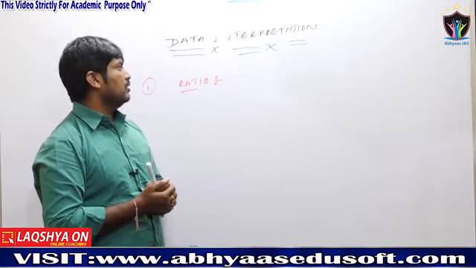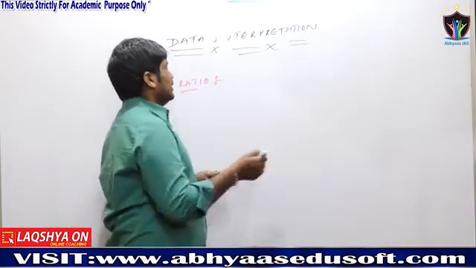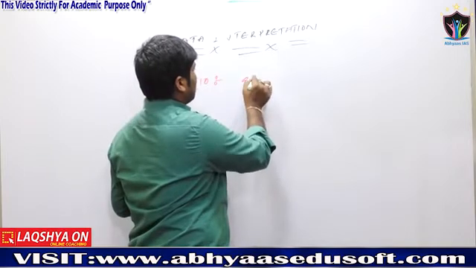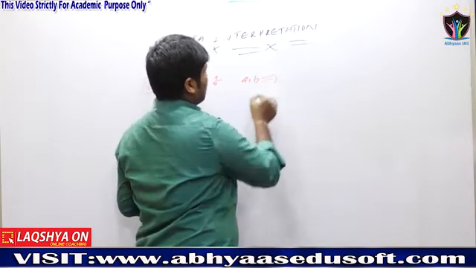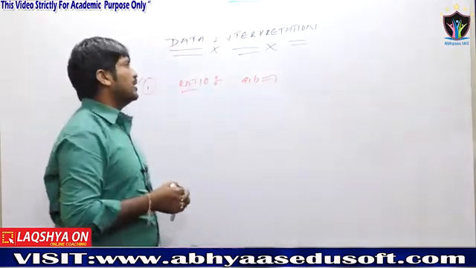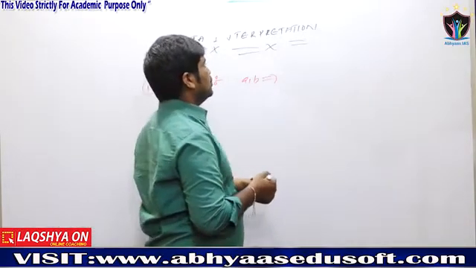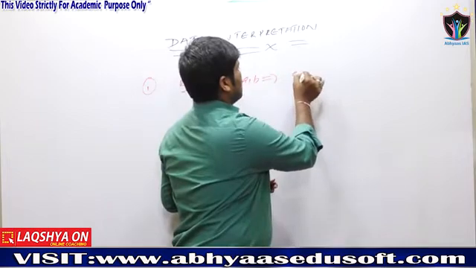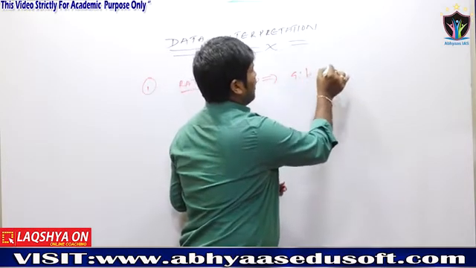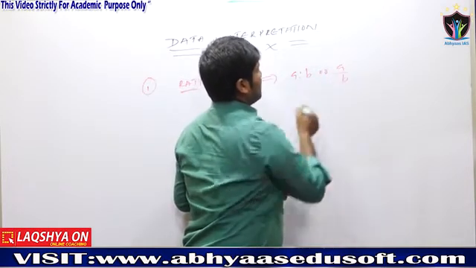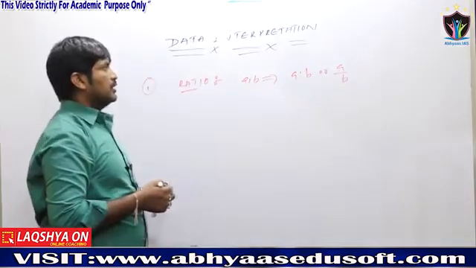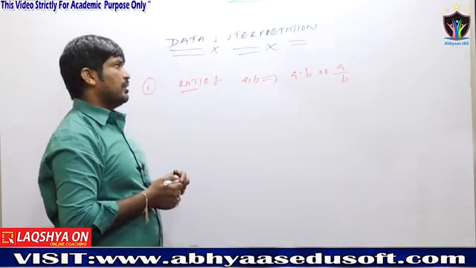For example, if A and B are two articles, then we say that the ratio of them is A is to B, or A by B.